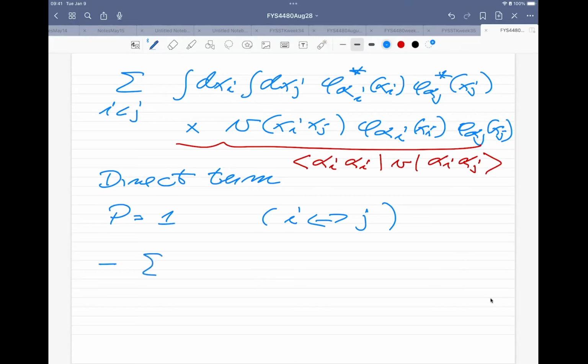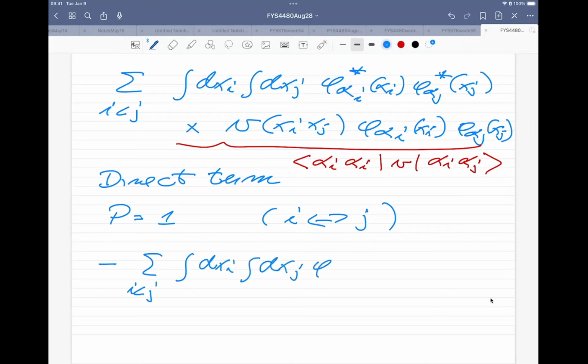And all the other integrals over dx1, dx2, dx3 are equal to 1, except for xi and xj, because they are being treated by the interaction. So we don't know whether this term is 0 or not. It could actually be 0 for many types of interactions, but we don't know that. So here we would get the same sum over i and j, and then I have an integral over dxi, and an integral over dxj.